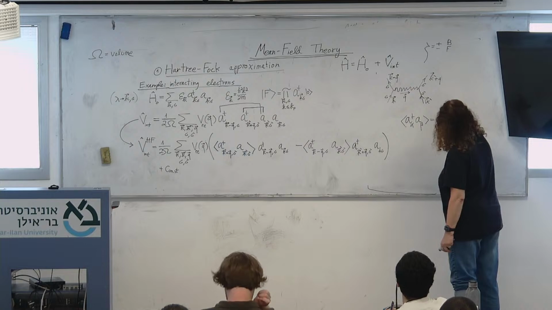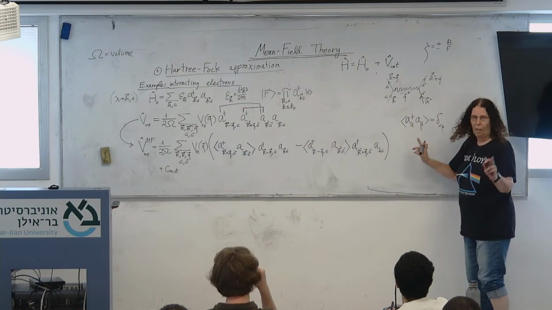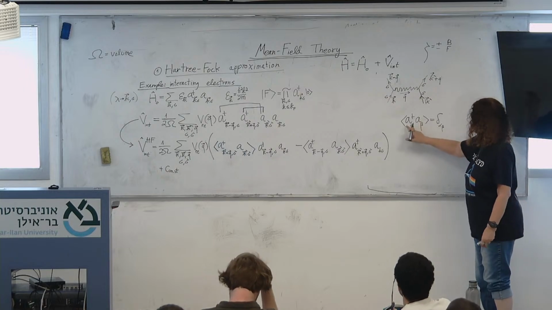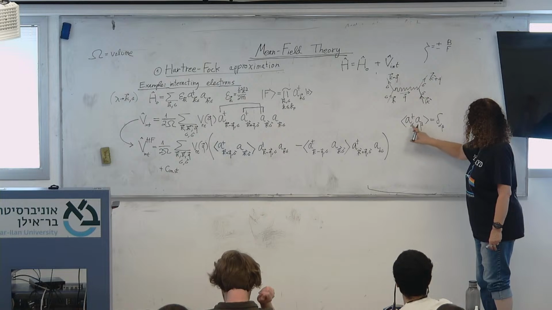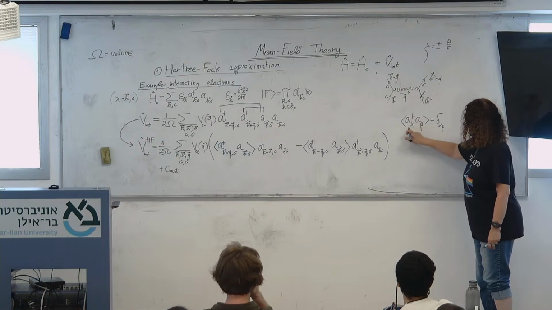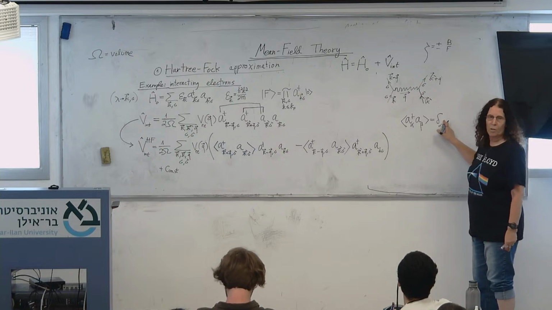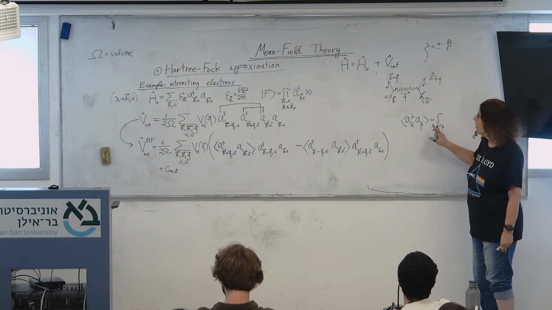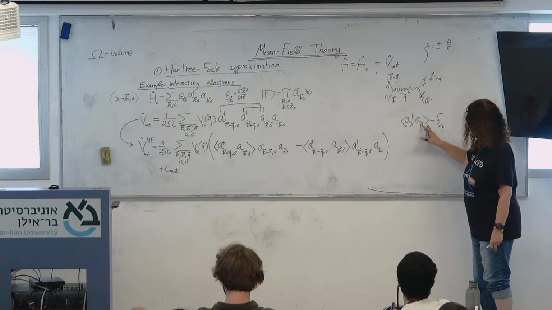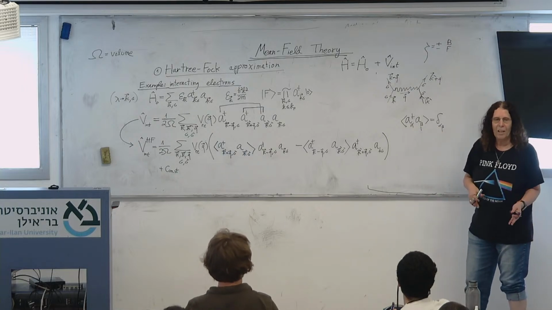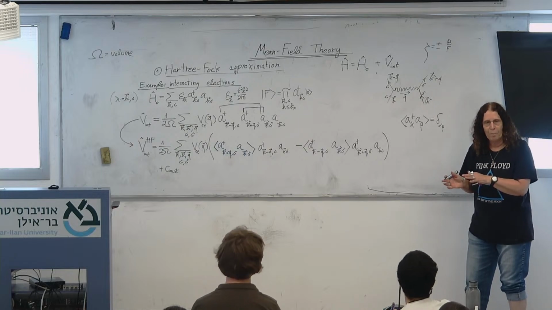It's delta alpha beta, but there is also a dependence on whether alpha is inside or outside of the Fermi sea.